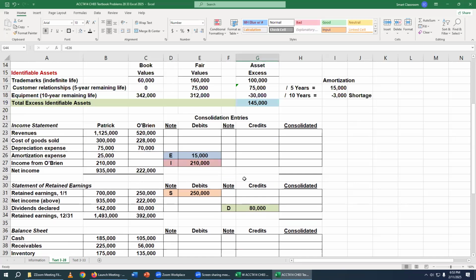Okay, now for the wacky one, the depreciation expense. We're saying our assets are worth 30,000 less. We're going to depreciate a smaller amount out every year. So that would be, let's see, 10, so this would be a reduction in the depreciation expense. 3,000.